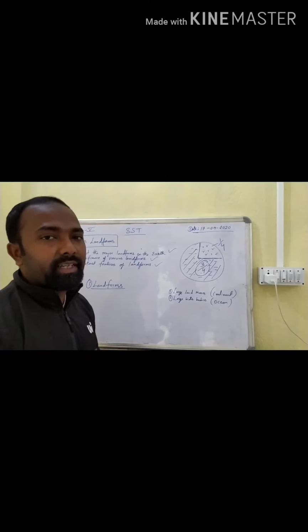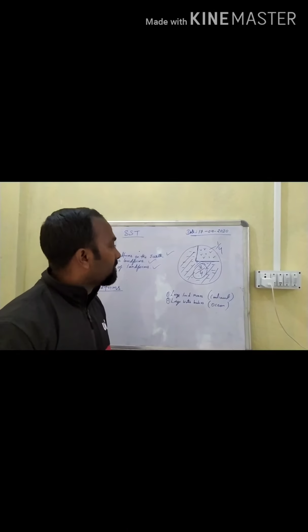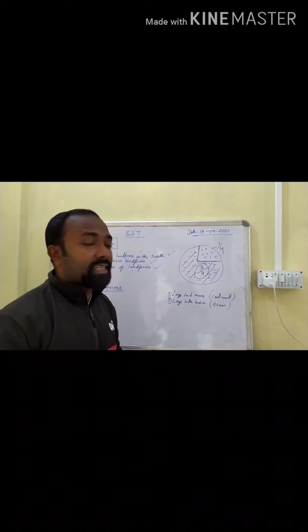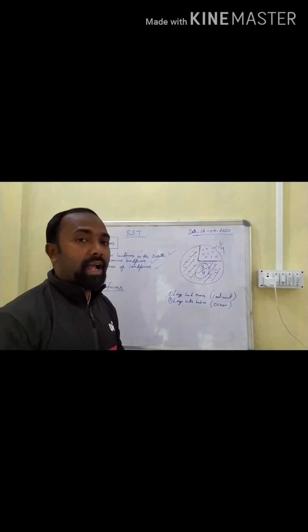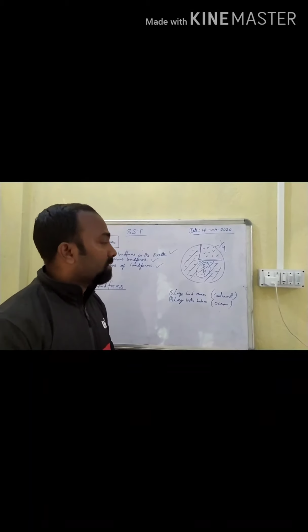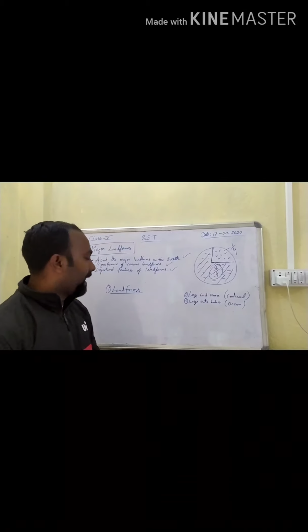As we have already read, the earth is divided into large land masses and huge water bodies. The large land masses are called the continents, and the large water bodies on the earth are called oceans.